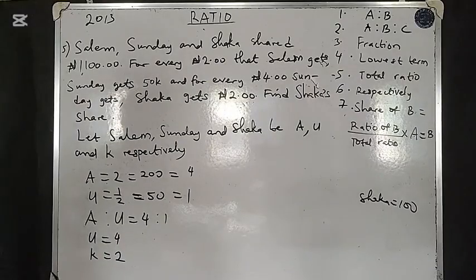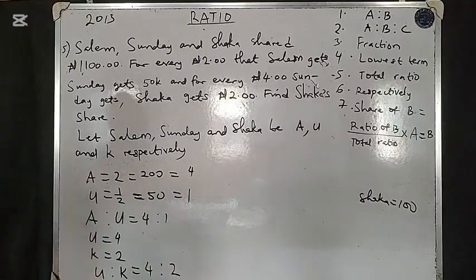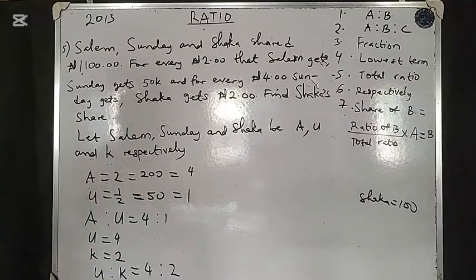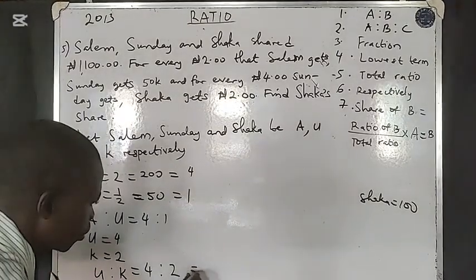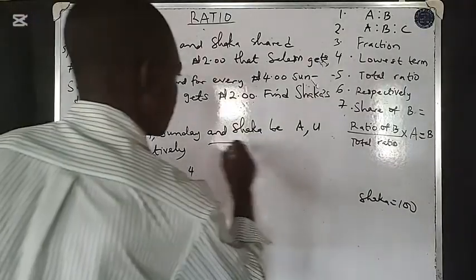So we write Sunday ratio Shaka will be 4:2, right? This is not the final term, because 2 can go into both, and that will give us 2:1.